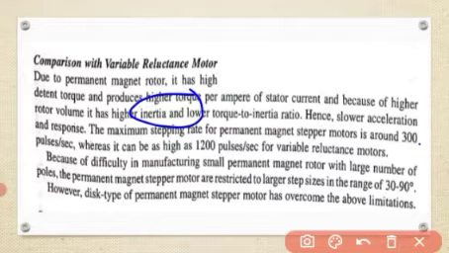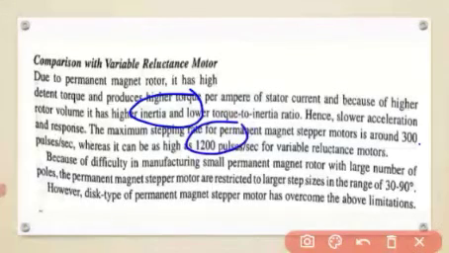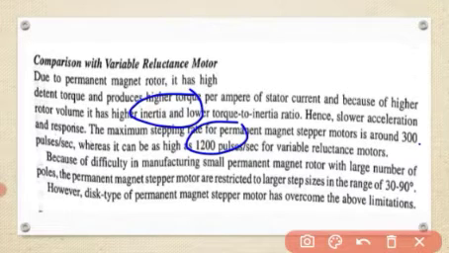The maximum stepping rate for the permanent magnet stepper motor is around 300 pulses per second, whereas it can be as high as 1200 pulses per second for the variable reluctance motor. So we can see the difference in the stepping rate: for the permanent magnet motor it is limited to 300 steps per second.